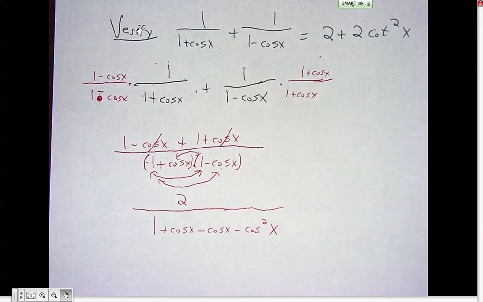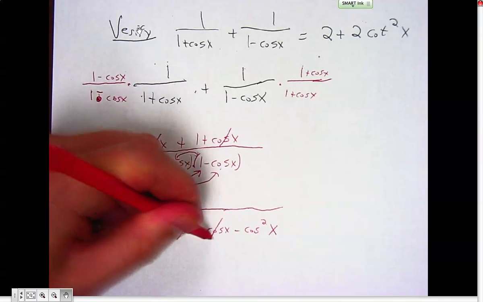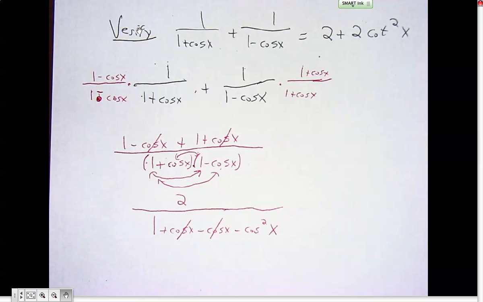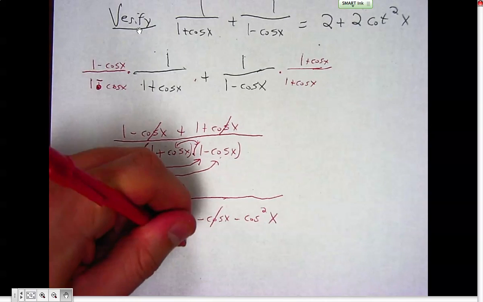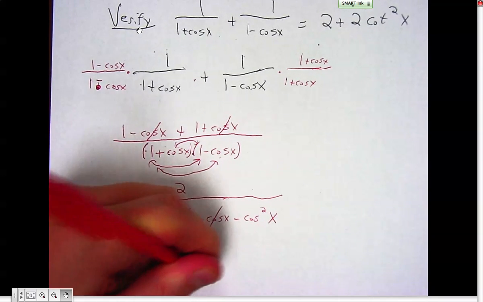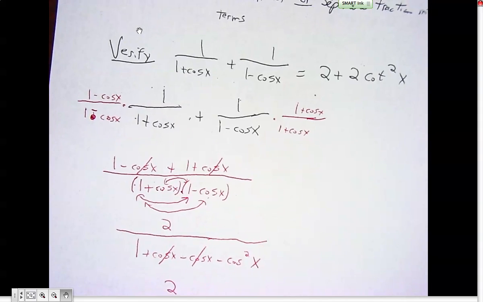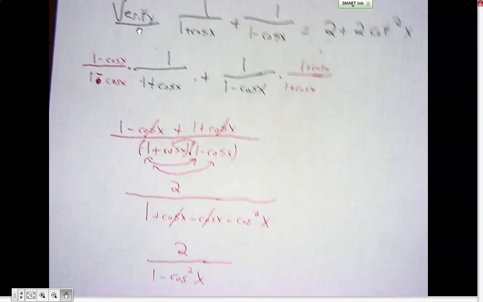Okay, cosine times cosine. So again, I look to see if there are things that can be cleaned up. And I can see a little bit that can be cleaned up. And so I get the cosines to cancel. So now I'm left with 2 over 1 minus cosine squared. Well, it's not what I'm aiming for, so I still have to keep plugging away.